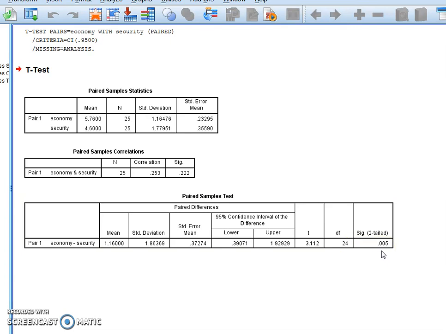You'll also recall from previous videos that since that is less than 0.05, we have a statistically significant result. So we can say that the scores on the economy, where the mean was 5.76, are significantly greater than the scores on security, which was 4.6. So we can see the analysis is fairly straightforward, and it's fairly easy to figure out whether the difference in the means is significant.